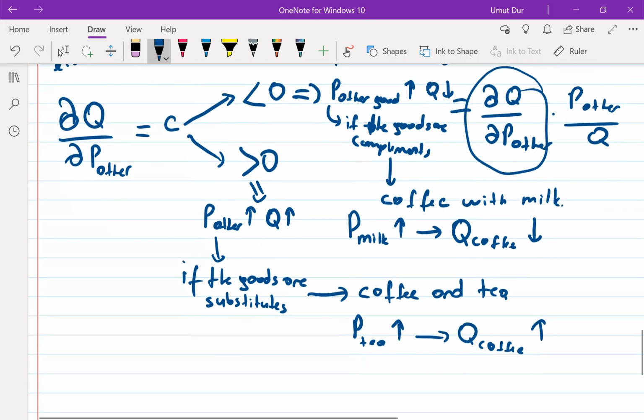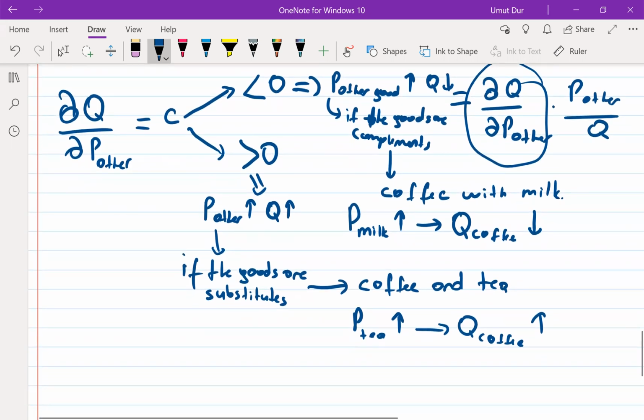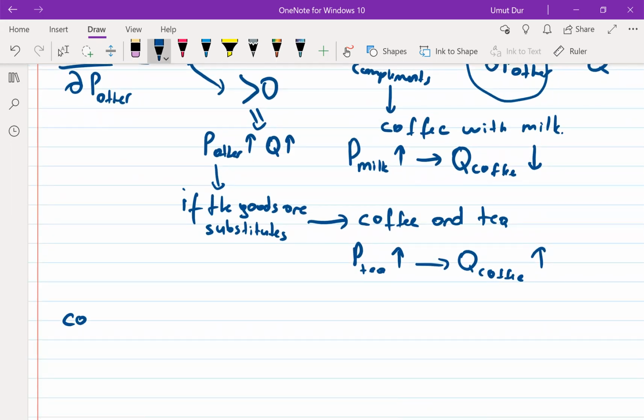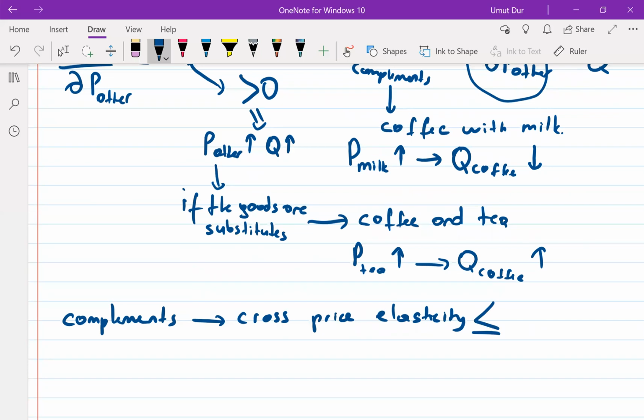We will turn back to the complements and the substitutes. If the goods are complements, then the cross price elasticity is always less than or equal to 0, and if the goods are substitutes, then the cross price elasticity is always greater than or equal to 0.